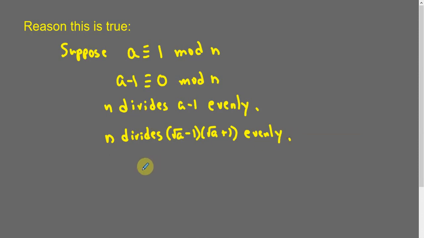Okay. Now here's where whether or not n is a prime matters. So if n is a prime, that would mean since n divides these 2 guys multiplied together, n would have to divide either this one on its own or this one on its own.